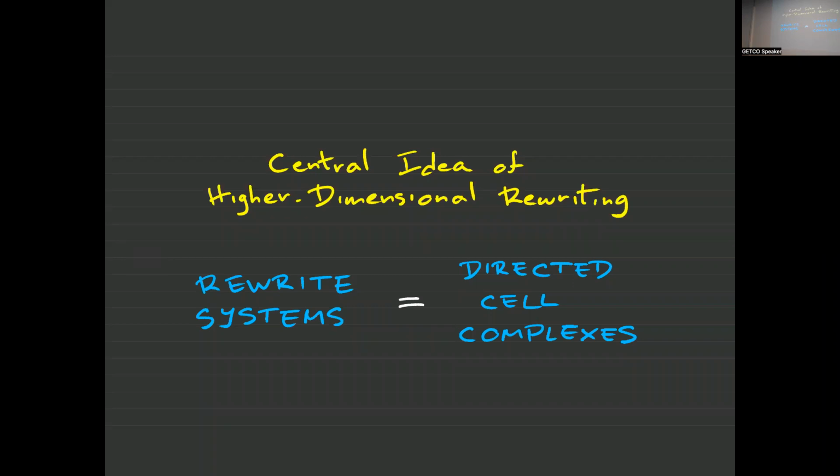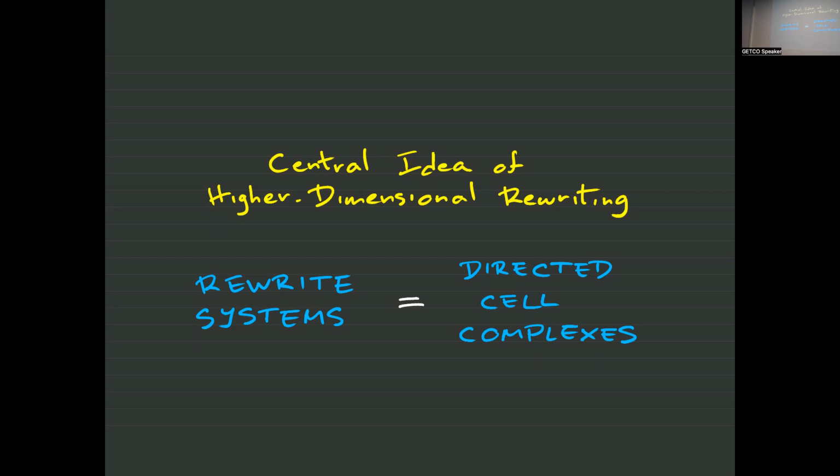not even that recently is the idea of high-dimensional rewriting, which is a unifying framework for various forms of rewriting various kinds of data, where at least my view of the subject is that its central idea is that a rewrite system, such as the ones that I've been talking about right now, can be interpreted as a kind of cell complex, which is directed in a certain sense.